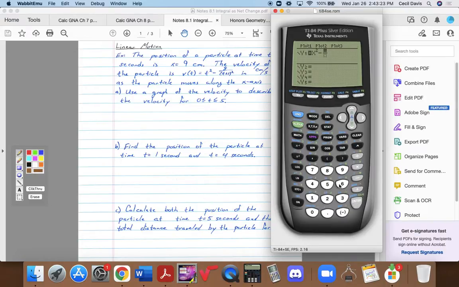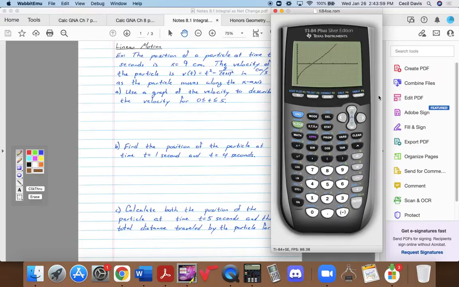You don't have to, but we want to look at that on the interval from 0 to 5. Negative 10, 10. We'll see if the graph fits on there or not. If it doesn't, we will adjust.